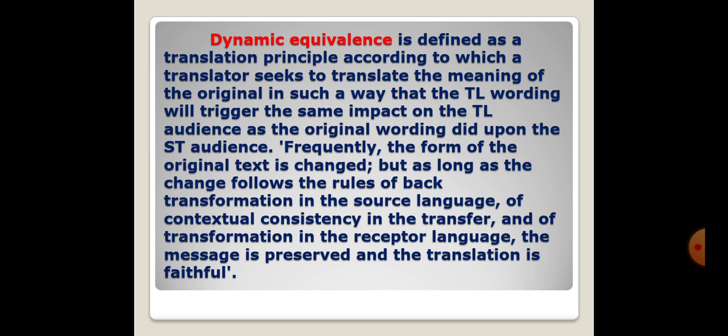Frequently, the form of the original text is changed, but as long as the change follows the rules of back transformation in the source language, of contextual consistency in the transfer, and of transformation in the receptor language, the message is preserved as the translation is faithful.